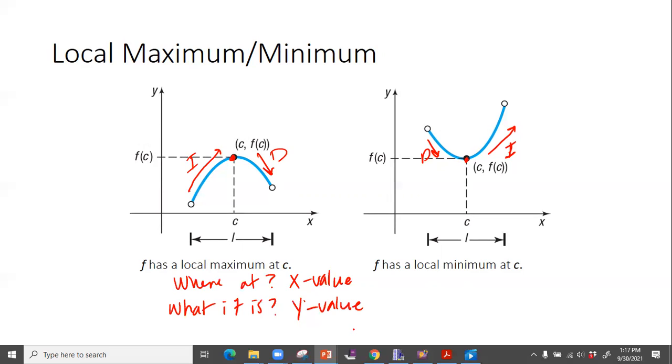You would tell me at x equals blah, blah. If I say, what is your local maximum? You would tell me y equals blah, blah. Where is your x? What is the y? The way I think about this is x marks the spot. And what is x marking? Your y.